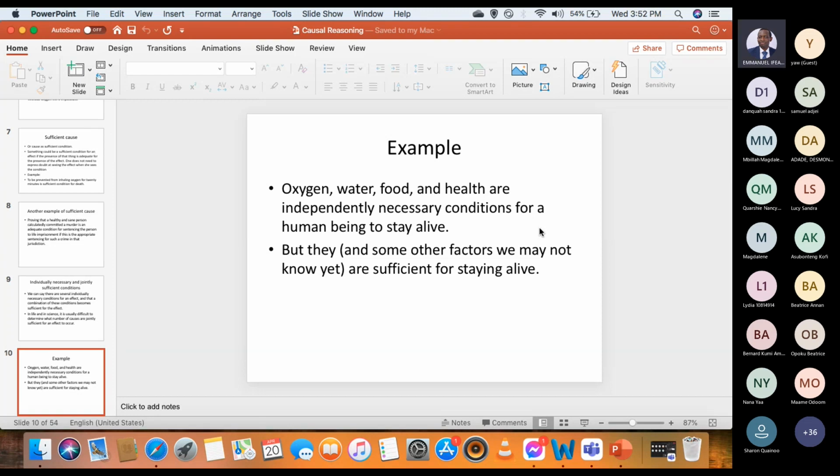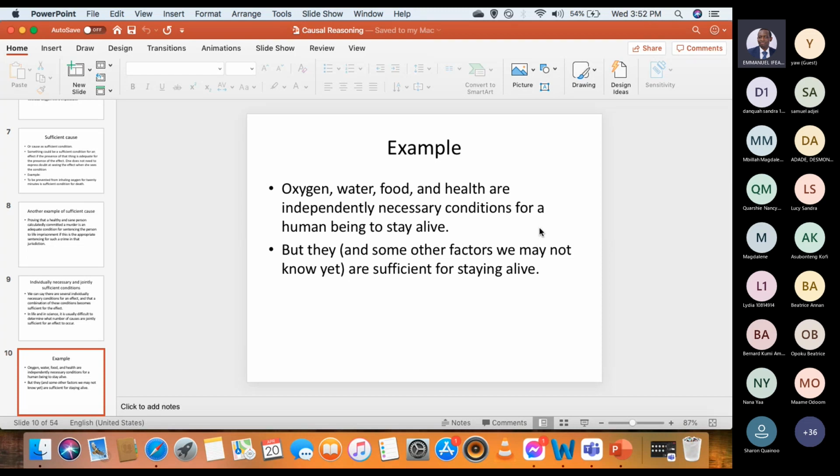For example, oxygen, water, food, and health are independently necessary conditions for a human being to stay alive, but they and some other factors we may not know yet are sufficient for staying alive. So each of these things is necessary, but is it sufficient?